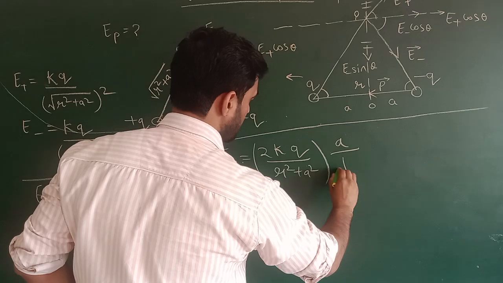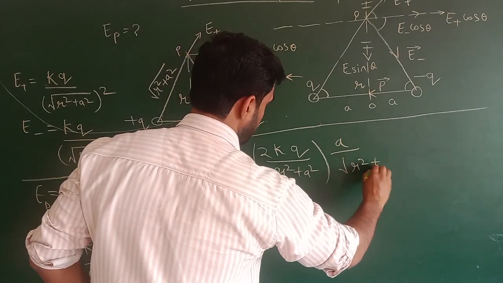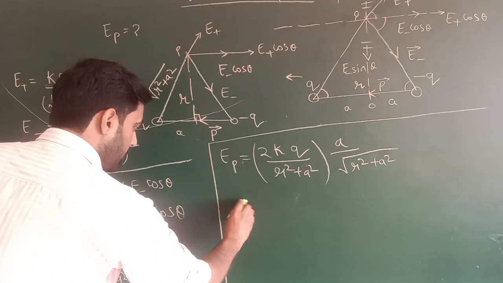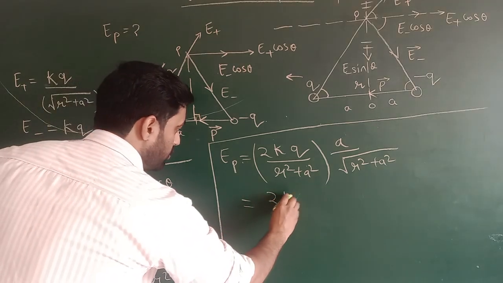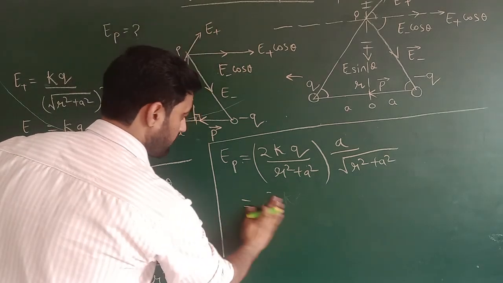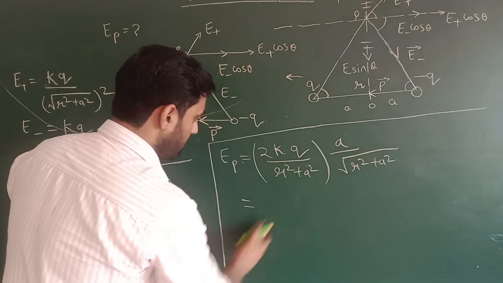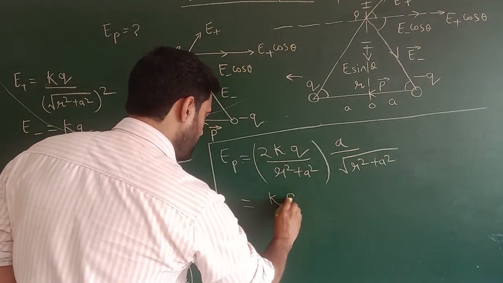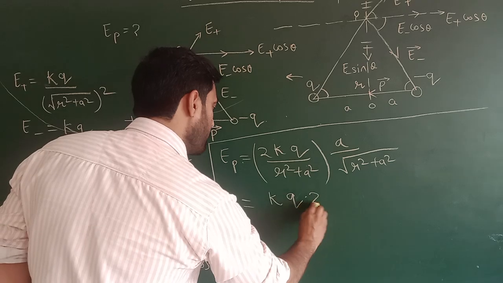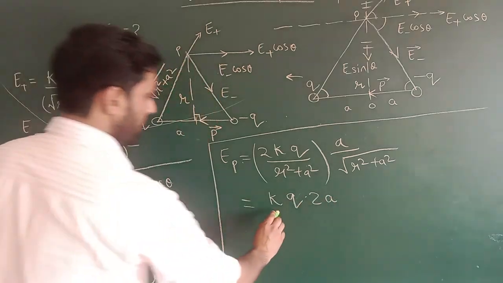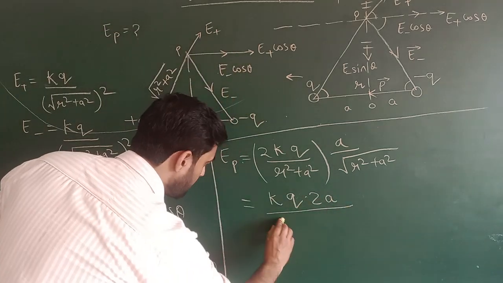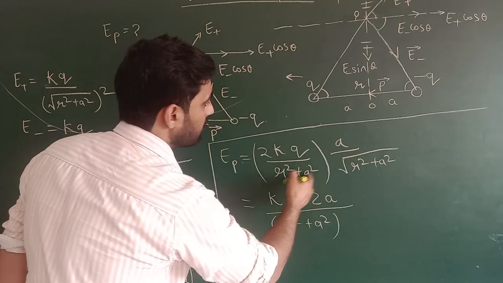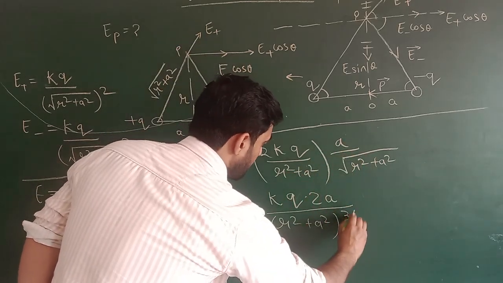So this becomes 2k, rather I would write it as kq into 2a divided by r square plus a square raised to the power 3 by 2.